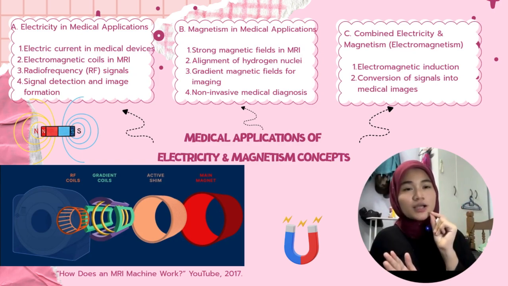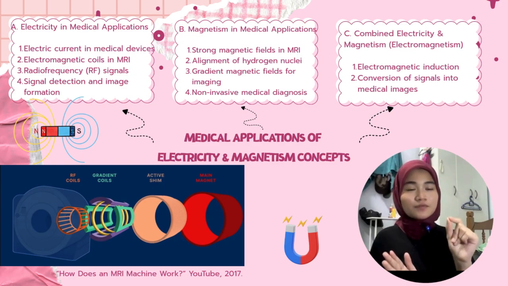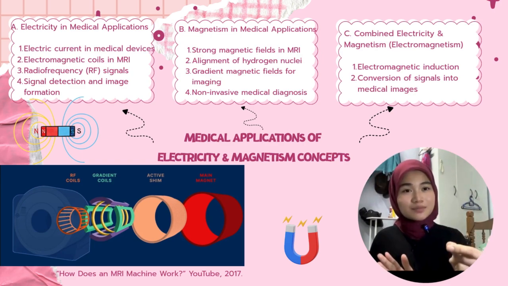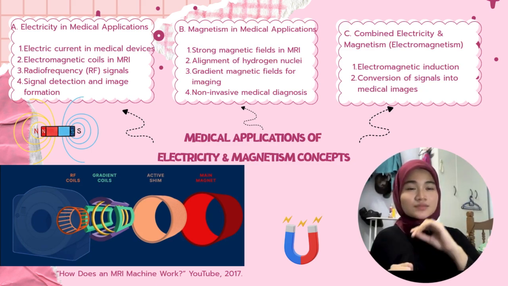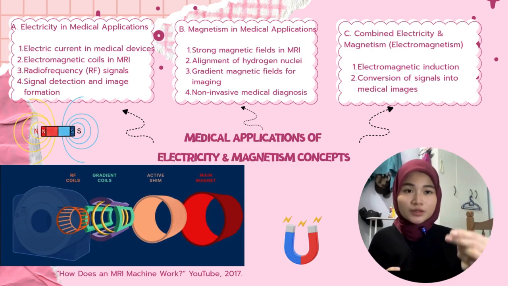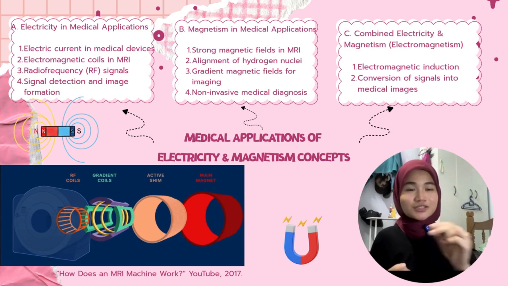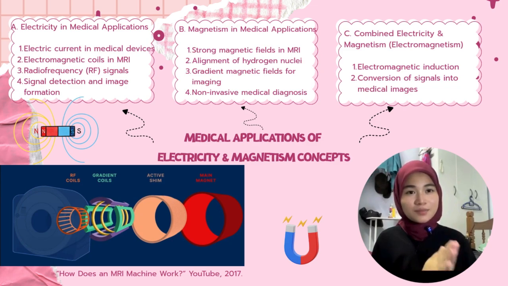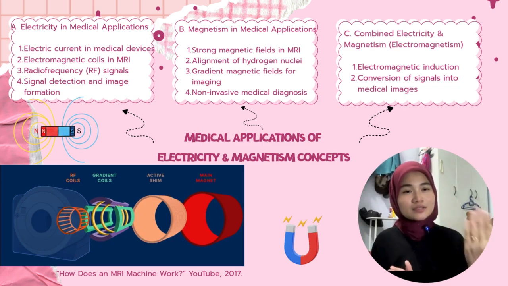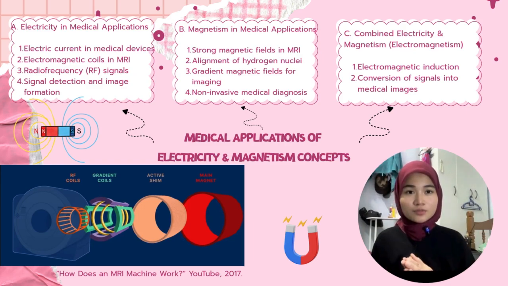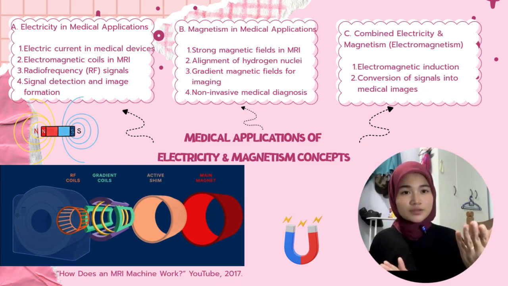Then the radio frequency electromagnetic wave, or RF magnetic wave, will interact with these atoms, and the signal that has been produced will be sent to the computer to produce the image. MRI is the medical application where the electric current produces a magnetic field, and then the magnetic field interacts with the RF coil, and the RF coil then produces a signal. Then the signal is converted into the detailed image.